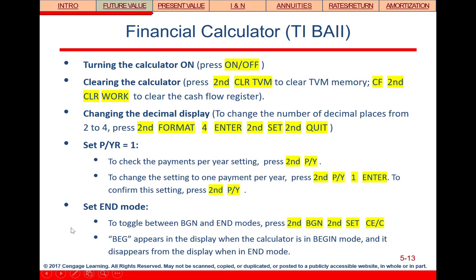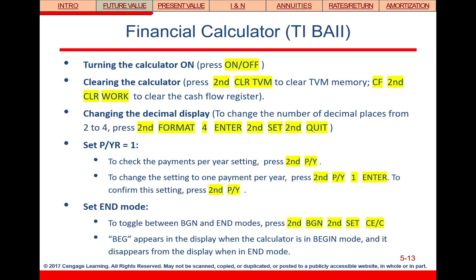The last step is to set the end mode. The difference between end mode and begin mode is whether the cash flow happens at the beginning of the period or at the end of the period. Most cash flows happen at the end of the period, which is true for most investment projects. You invest and then you receive your returns at the end of the period.